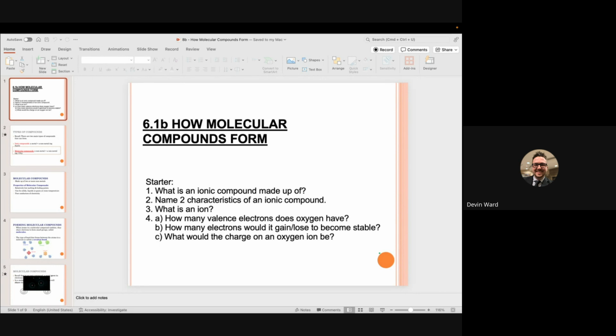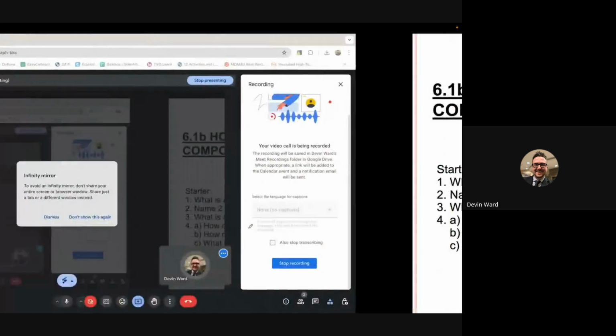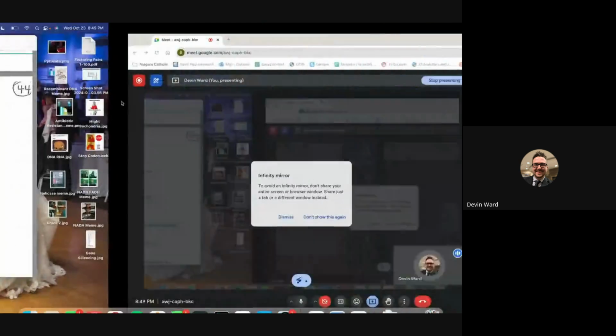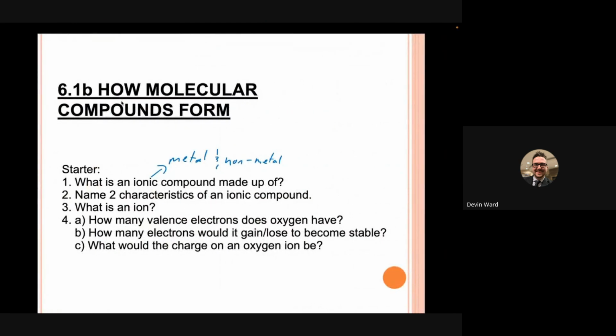This is page 44 of your book if you don't already have it open. So it's metal and non-metal. They're two ions that make up the bond. That's why it's called an ionic compound. Okay, molecular compounds are going to be different. We're not going to have metal and non-metal.